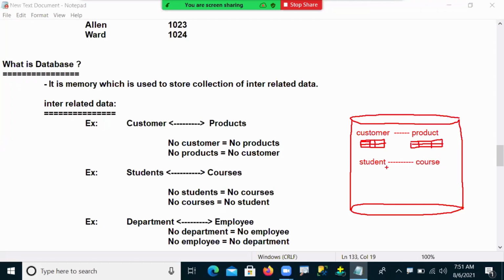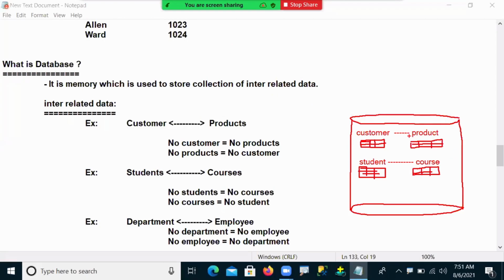So here also I'm creating one table. The table name is students, and the table name is course. So these are what we call interrelated.